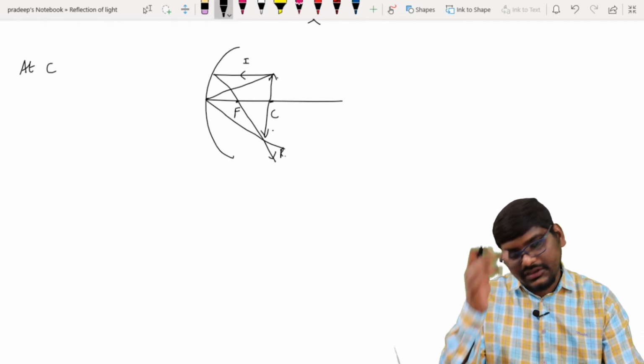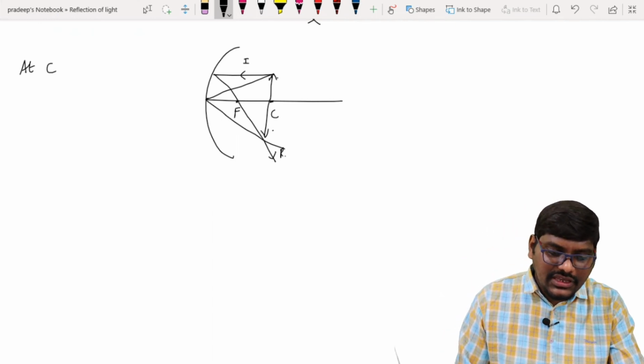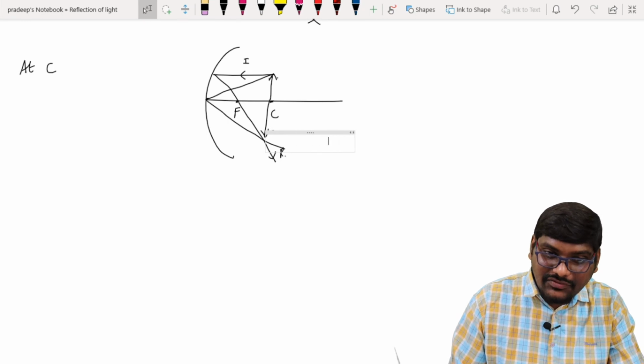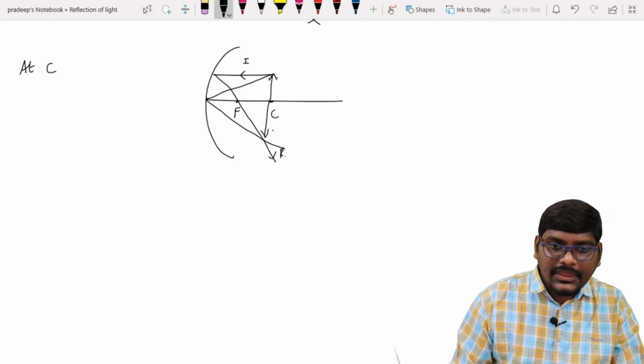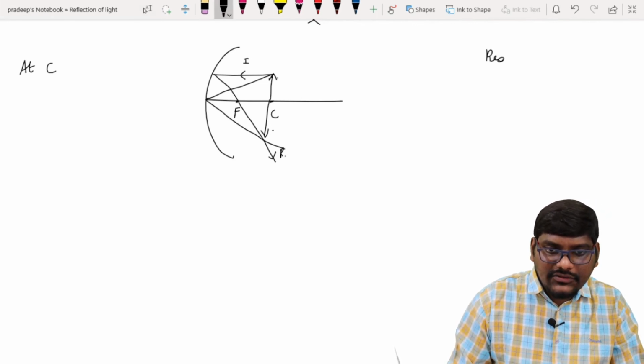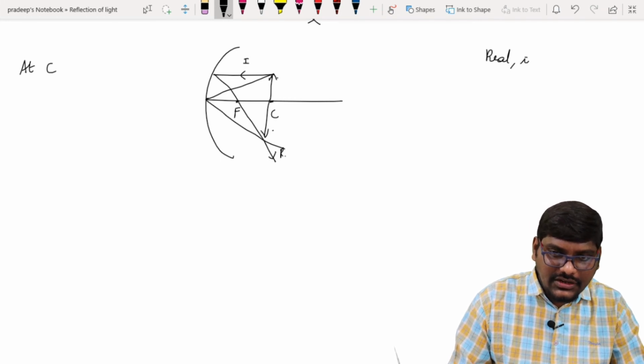So if you observe here, the sizes and everything are the same. So when we keep the object here, the image formed is a real image, and the first thing is it is a real image, and next it is inverted, right?